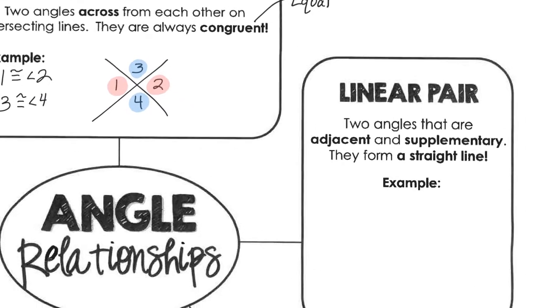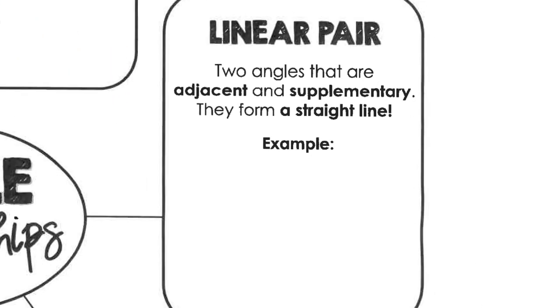Let's move over here to linear pair. Two angles that are adjacent and supplementary. They form a straight line. So that tells us right now that we have a straight line. We're going to have two angles, so let's go ahead and create our angle.